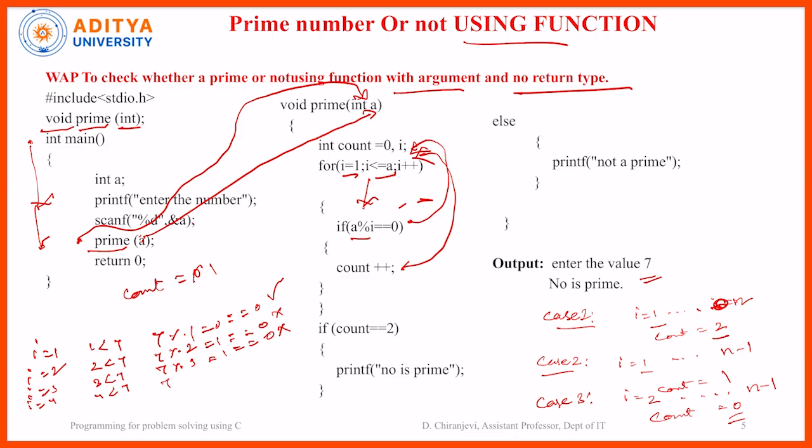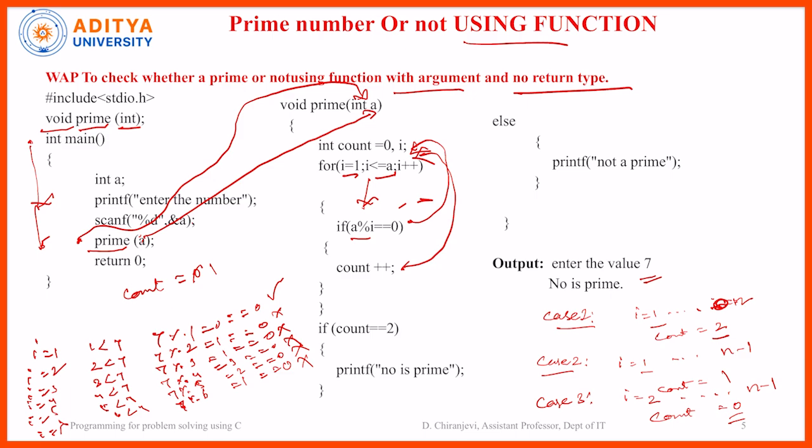So 7 mod 4, you will get 3, 3 equal to 0? No, not satisfied. Again i plus plus, i value will be 5, 5 less than 7, true, 7 mod 5, you will get 2, 2 equal to 0, no. Again i plus plus, i value will be 6, 6 less than 7. So 7 mod 6, you will get 1, 1 equal to 0, no.